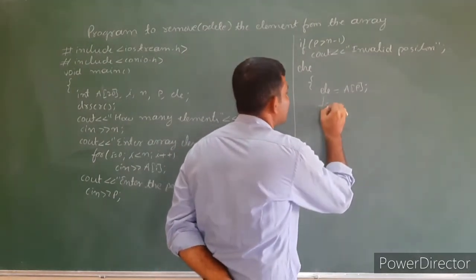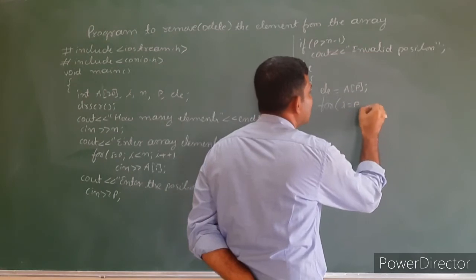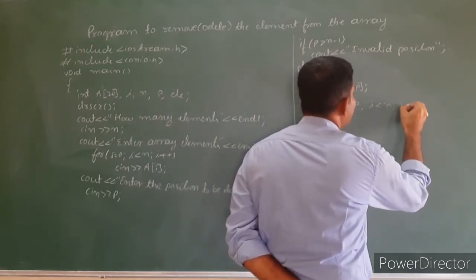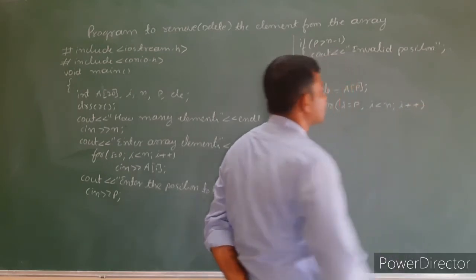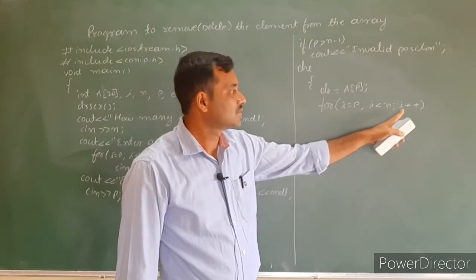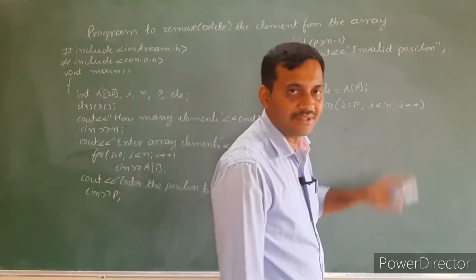Then apply the algorithm. For i equals p, i is less than n, i plus plus. From the position p, we have to access all the elements, so up to n minus 1 elements. So, i less than n.